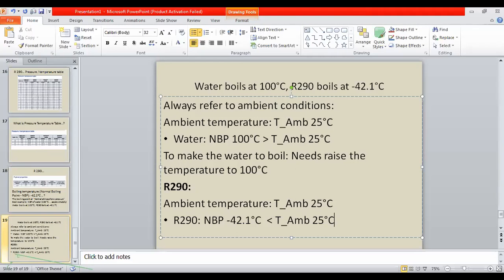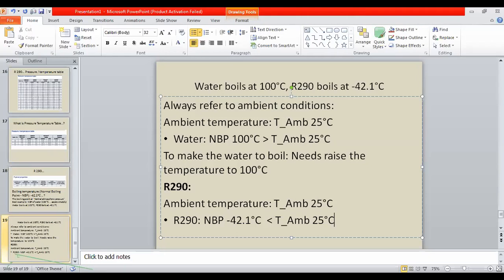To boil the water, you have to raise the temperature to 100 degrees Celsius. Then water boils. Boils means the liquid formation turns into vapor form.